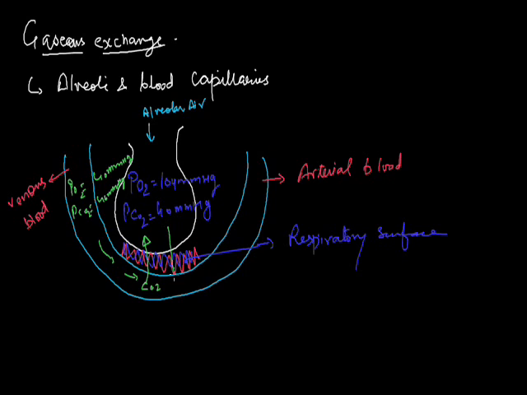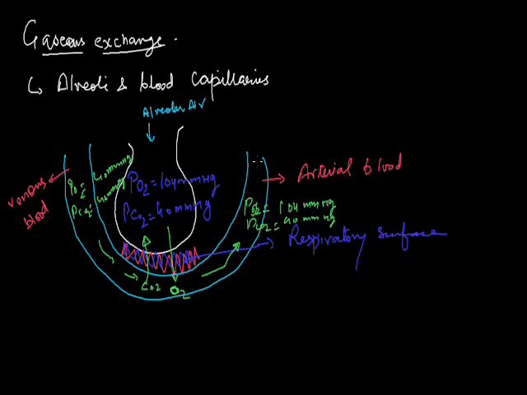So all the oxygen will be transferred from the alveoli to the blood. This is how the carbon dioxide from the blood will come into the lungs, and this is how the oxygen from the lungs will come into the blood capillaries, and now this blood is going into the artery, that is known as the arterial blood or the pure blood, because it has less carbon dioxide but more oxygen. So here the pressure of oxygen will become 104 mmHg, and the pressure of carbon dioxide will become 40 mmHg.